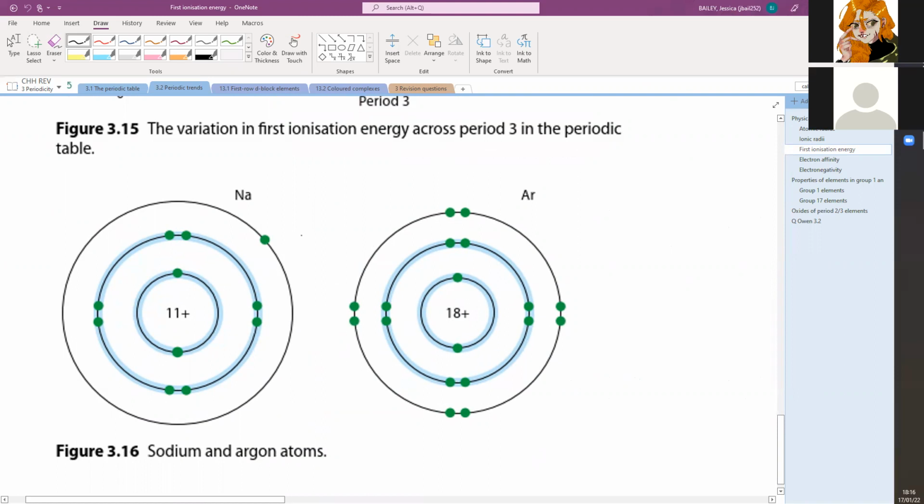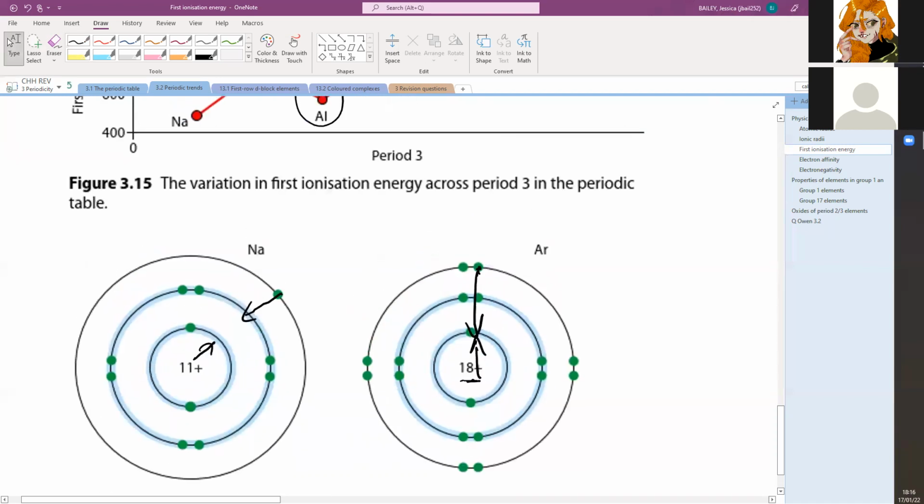But what's happening on the outside is you've got more electrons in argon and you've got a higher charge as well. And so these guys will be attracted much more strongly than these guys will be. And so sodium is larger than argon, substantially larger. And therefore, the first ionization energy for argon is greater because the force of electrostatic attraction is greater.